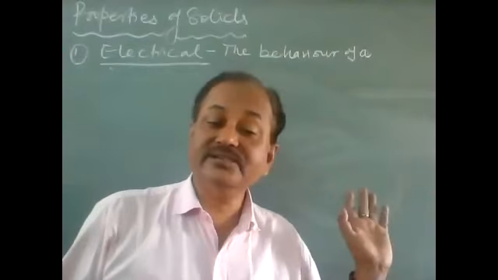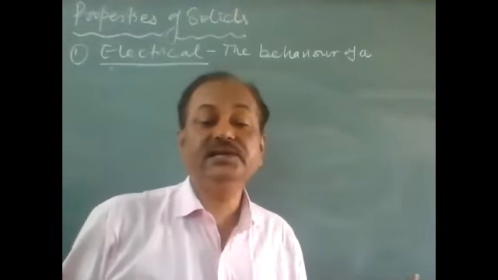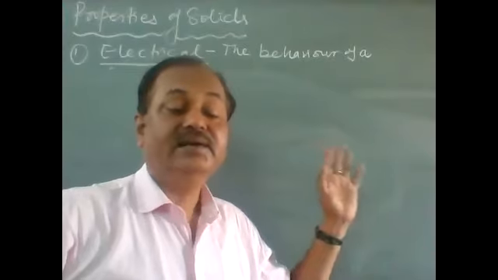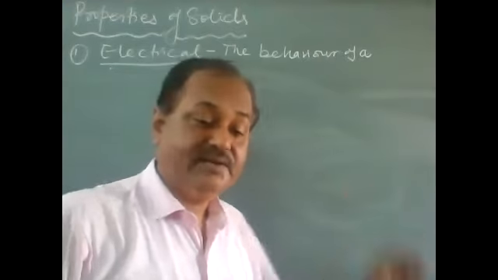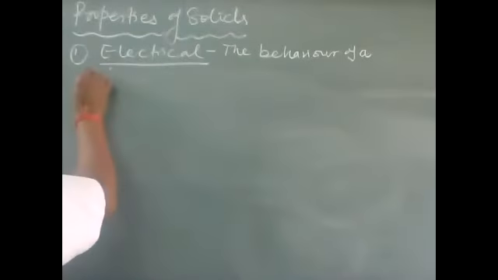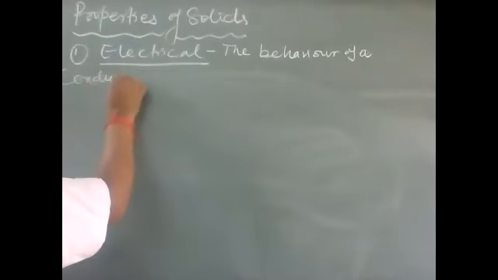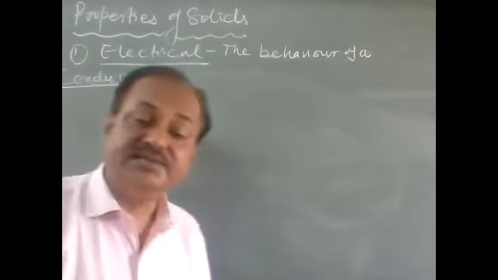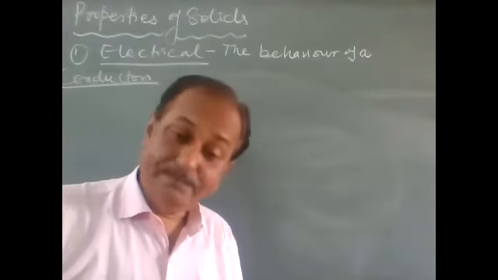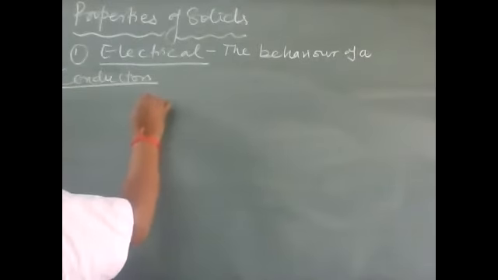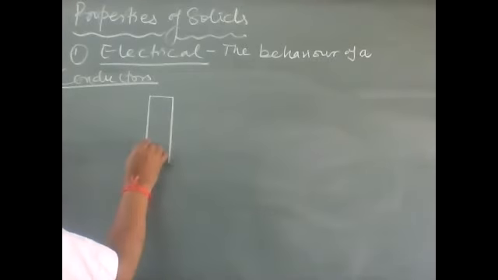So now I am going to explain how the three classes of the solids are there on this band theory. So first I am drawing about the conductors. In the conductors, they are all metals, and so in conductors we have this type of condition.